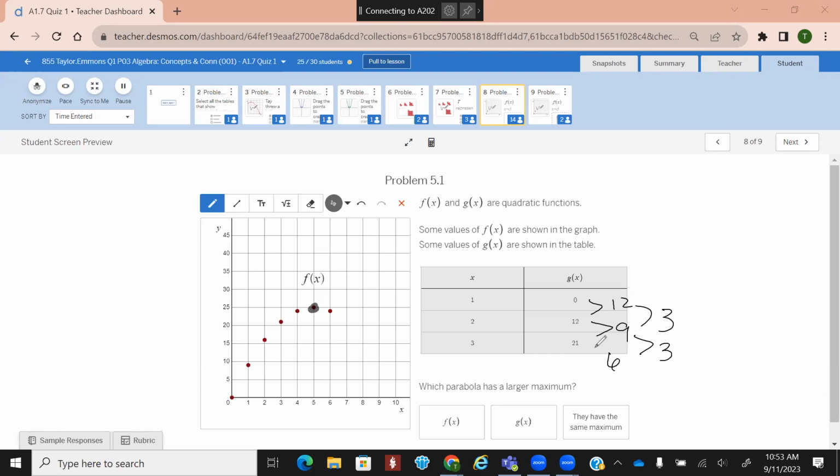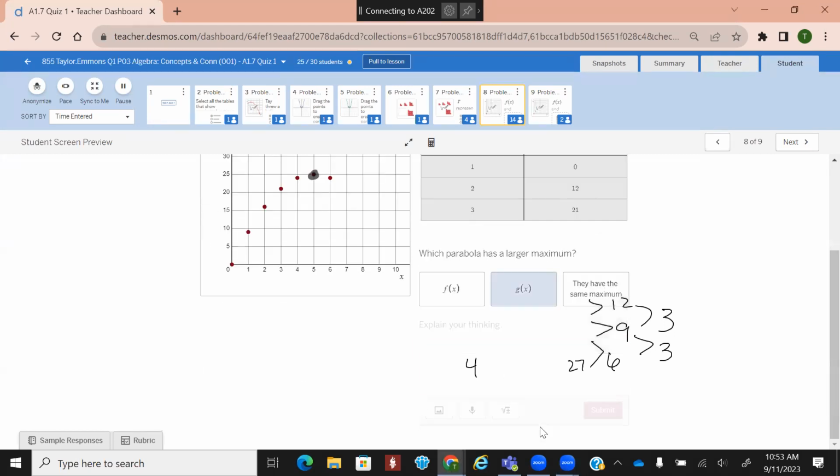And then 21 plus 6 gives me more than this one's maximum. So D of X already wins. For your explanation, you can just talk through the first and second difference.